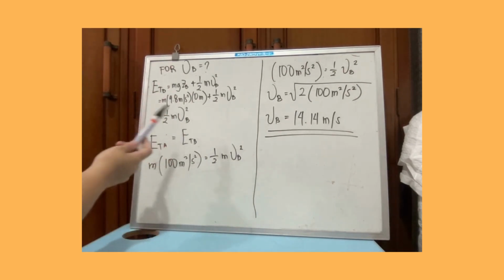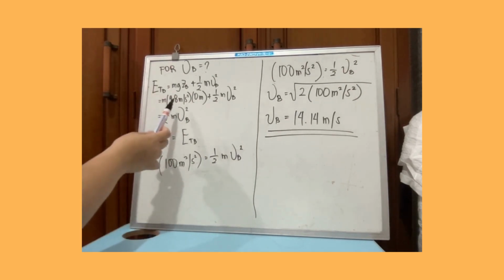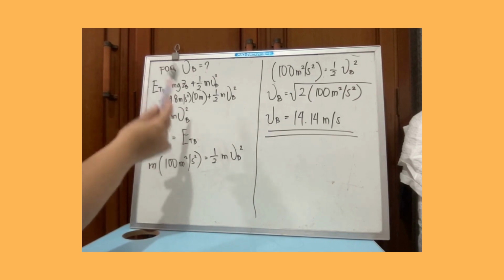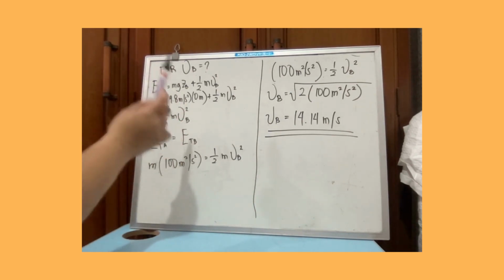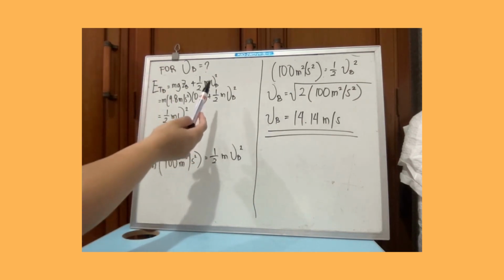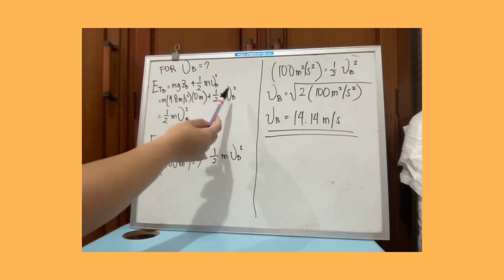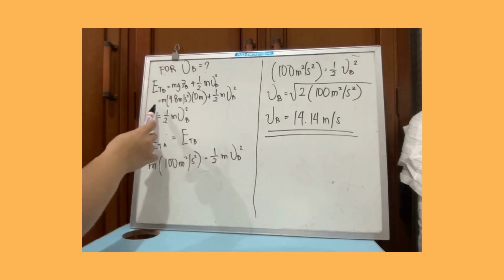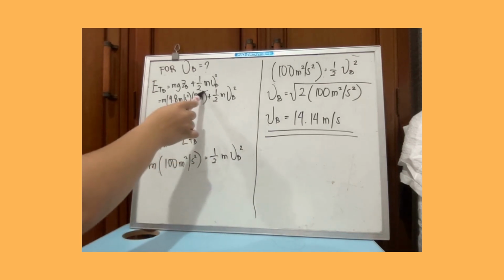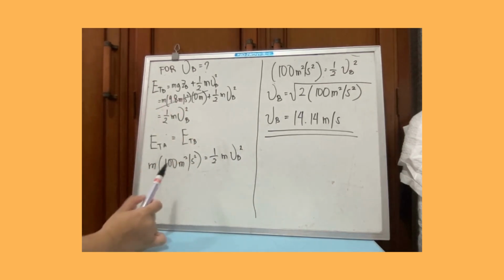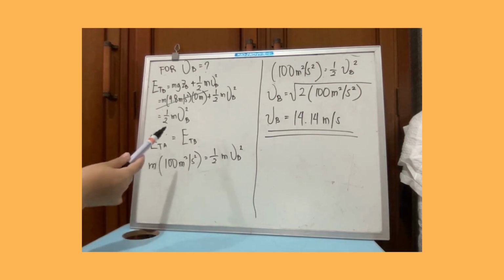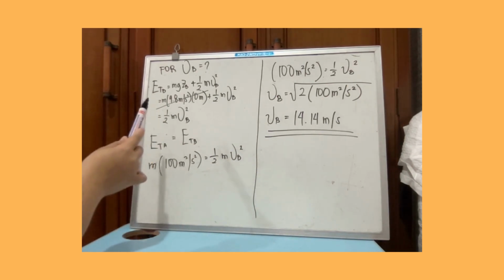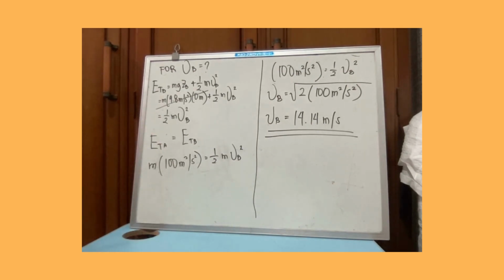So, substitute na tayo. Mass times 9.8 meters per second squared times 0 meters plus 1/2 times mass times speed sa B squared. Itong potential energy natin is makakancel dahil may 0. Kaya ang matitira is 1/2 times mass times speed sa B squared.